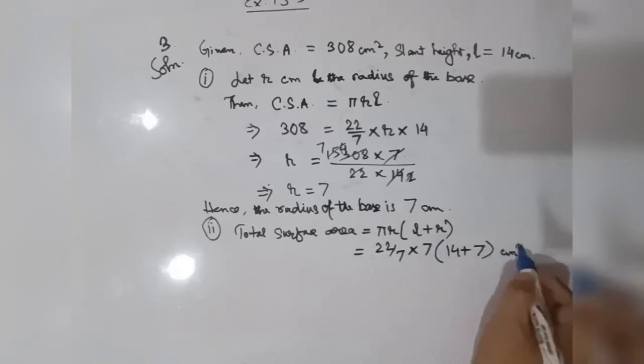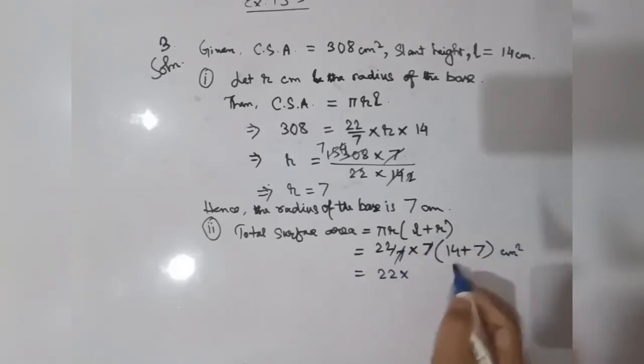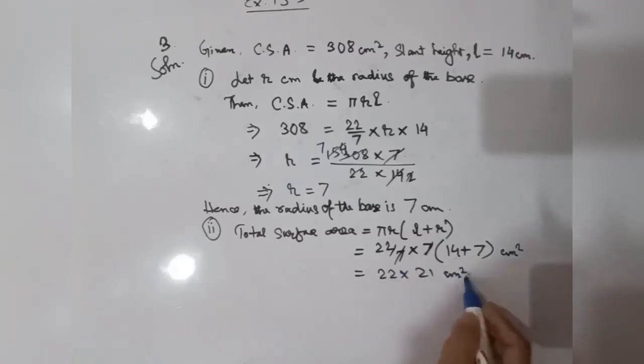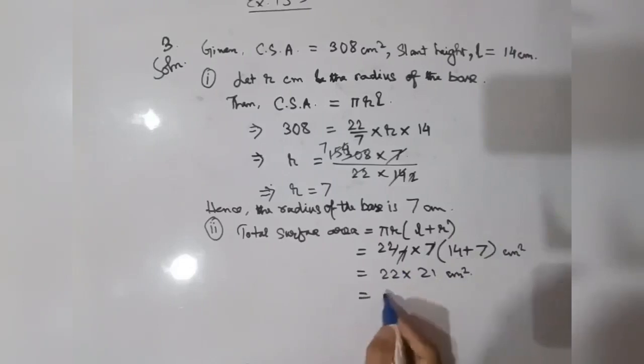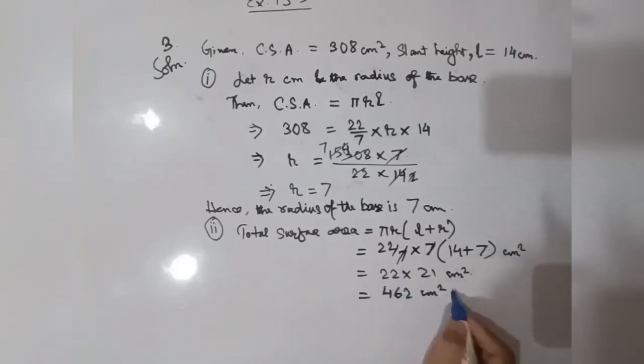This will be centimeter square, equal to 7 and 7, so 22 into 21 centimeter square, which is equal to 462 centimeter square.